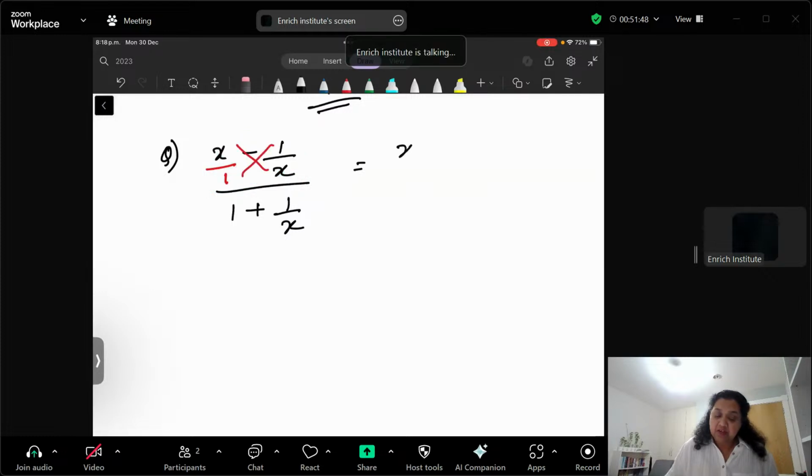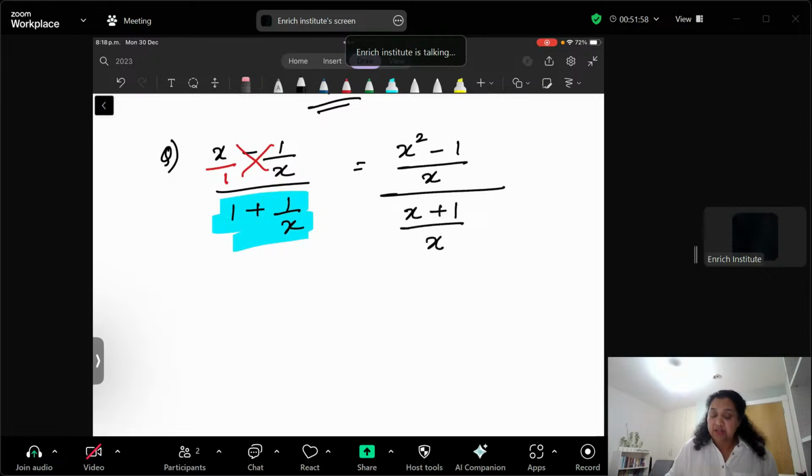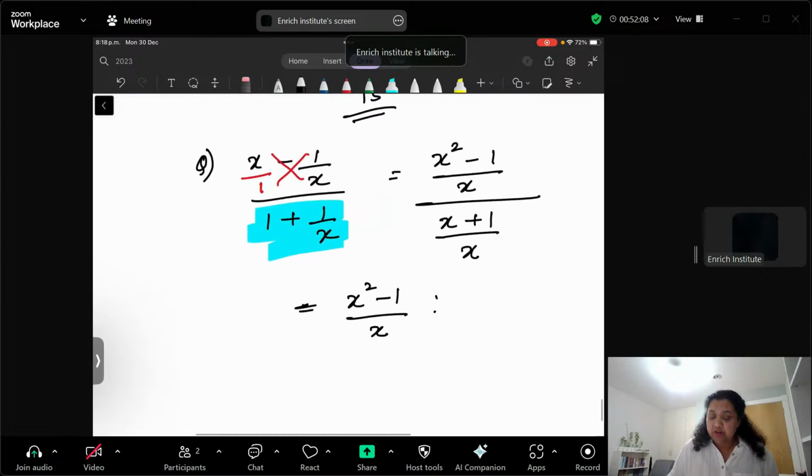So it will be x squared minus 1 divided by x divided by, I'm going to do the denominator now. Again, the same process applies, x plus 1 divided by x. Now I can write this as x squared minus 1 divided by x, with a division sign, x plus 1 divided by x.